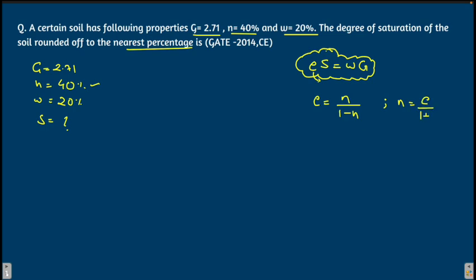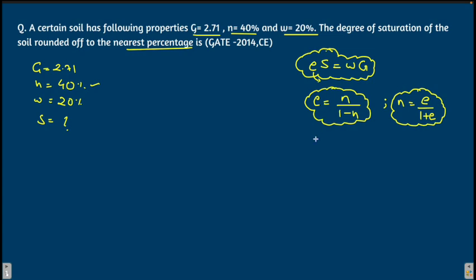I would request you all to learn both of these relationships, as in the examination you do not have much time to derive them, and while deriving you are bound to commit mistakes because you are in a hurry and nervous. So I'd request you to learn all these three relationships.